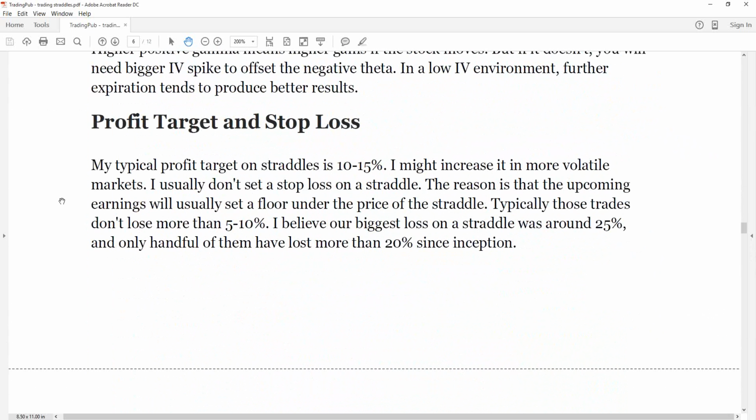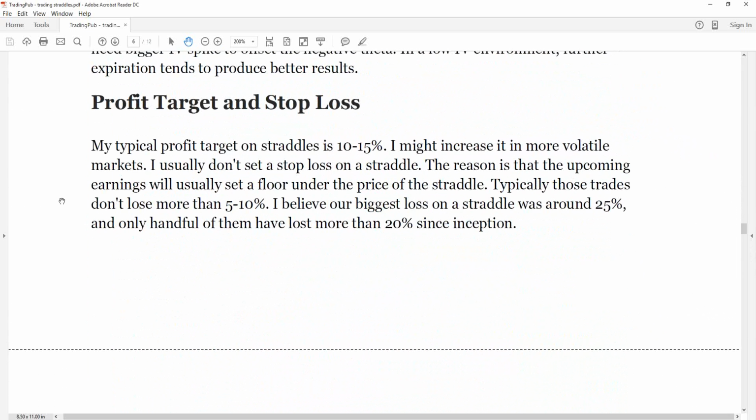Profit target and stop loss. My typical profit target on Straddles is 10 to 15%. I might increase it in more volatile markets. Now, usually I don't have standing orders to close the trade, especially not overnight, because what happens if the stock gaps in either direction, in the morning, the gain could become much larger than 10-15%.